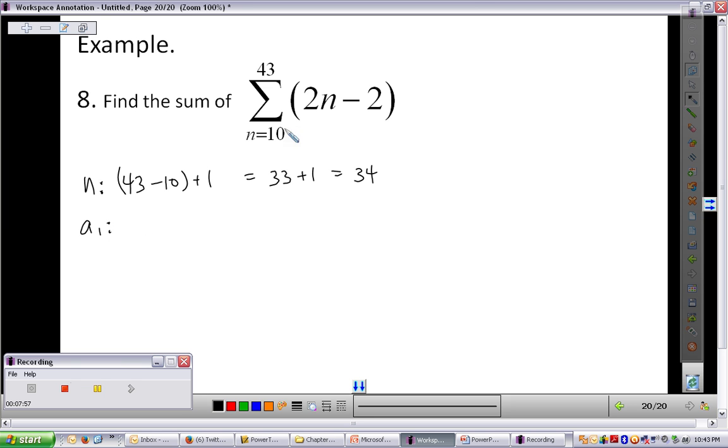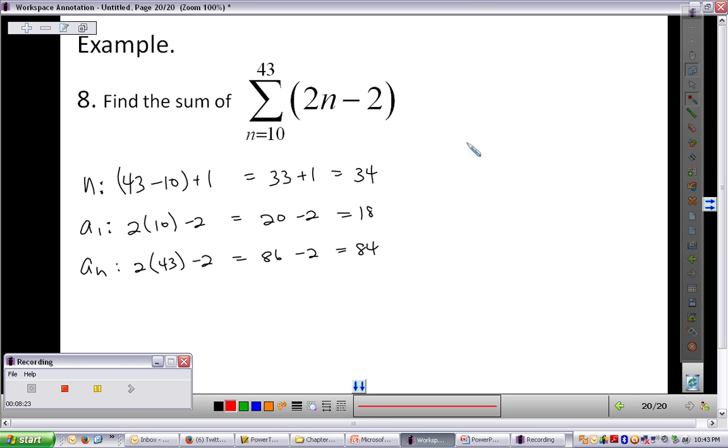A sub 1: bottom number, plug it in. So 2 times 10 minus 2. 2 times 10 is 20. Minus 2 is 18. And lastly, a sub n: top number, plug it in. 2 times 43 minus 2 equals 86 minus 2, or 84.